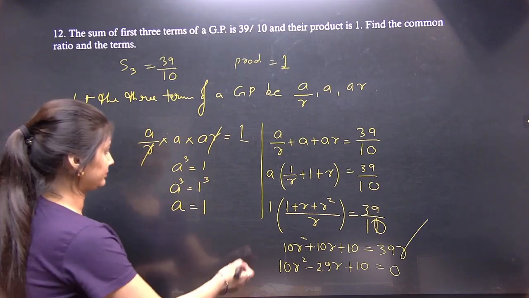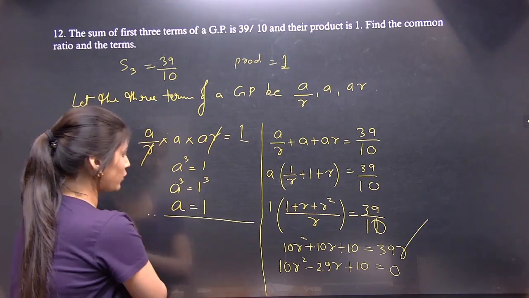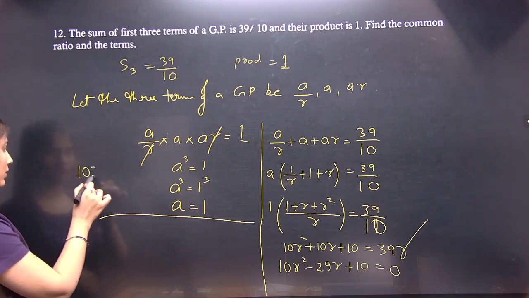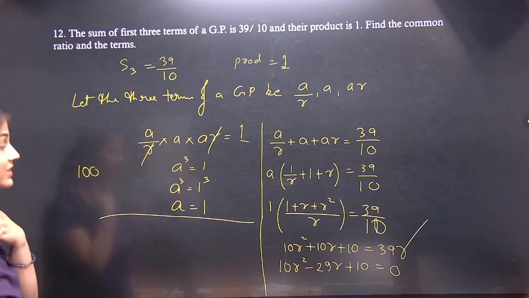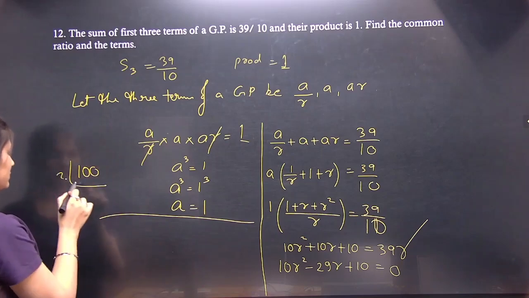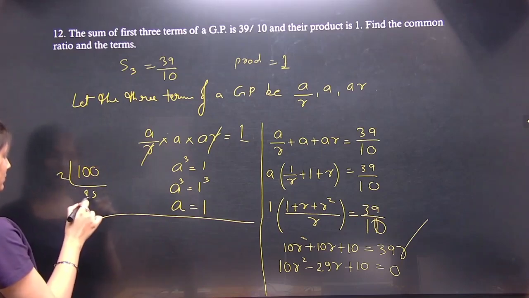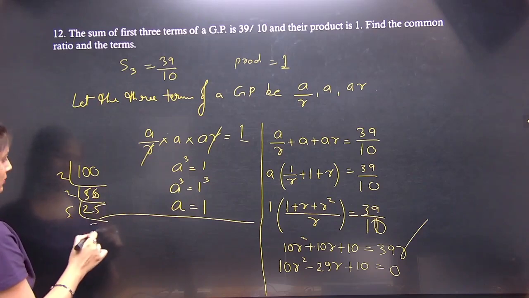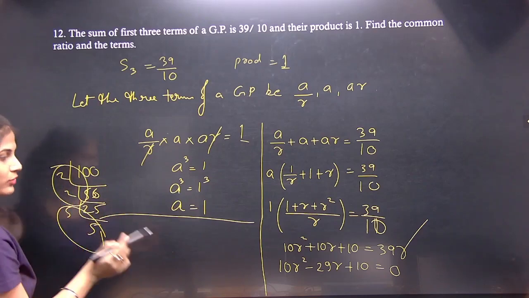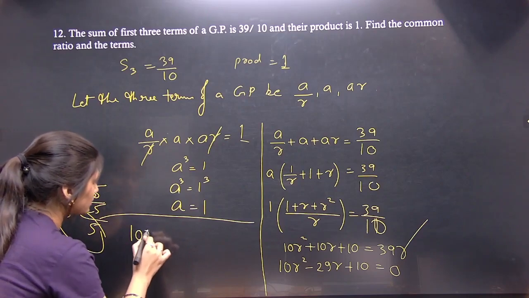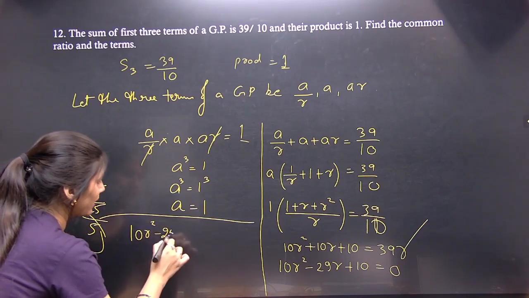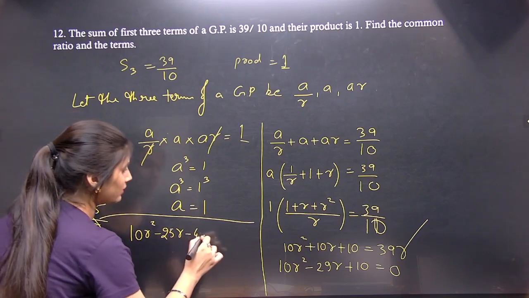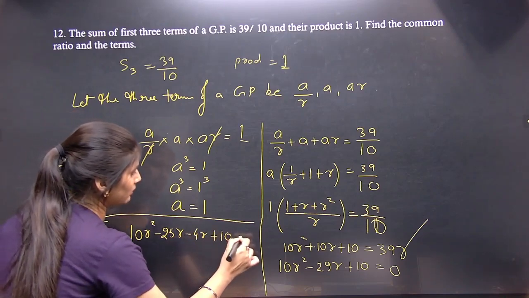I'm solving it here. So we have 100 and we have to factorize it. 25 and 4 will give 29. So it is 10R square minus 25R minus 4R plus 10 equal to 0.